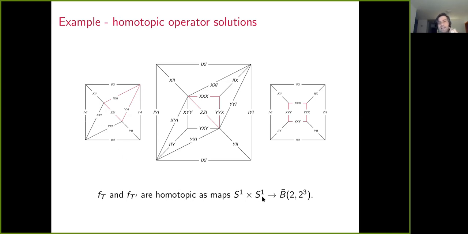Here S1 cross S1 means the torus; it's the topological notation for that. The homotopy amounts to finding a refined cell decomposition of the torus, and it can be done for these two cases. So the square and the star operator solutions essentially fall into the same class under this equivalence relation of homotopy.